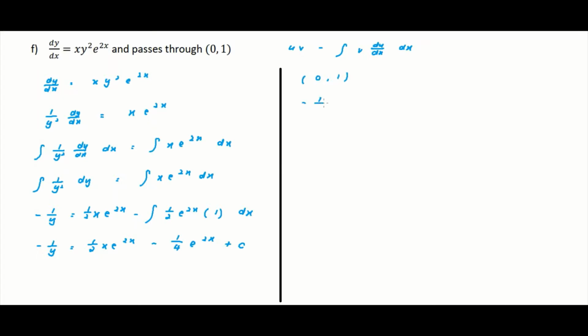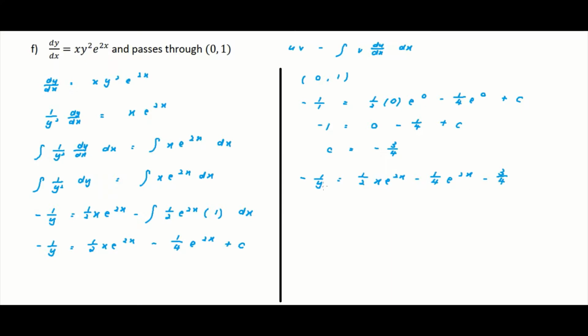So negative 1 over 1 equal to 1 over 2, 0, e 0 minus 1 over 4 e, this will be 0 as well, then plus c. So negative 1 equals to 0 minus 1 over 4 plus c, which the c will equal to negative 3 over 4. Rewrite it, substitute back into the equation that we have. Negative 1 over y equal to 1 over 2 x e to x minus 1 over 4 e to x minus 3 over 4.